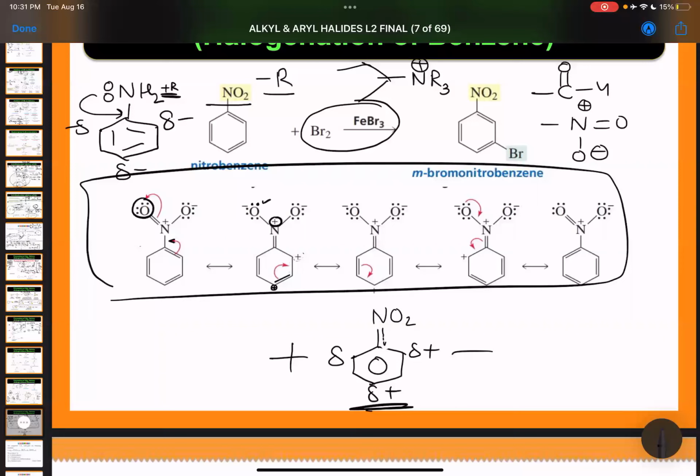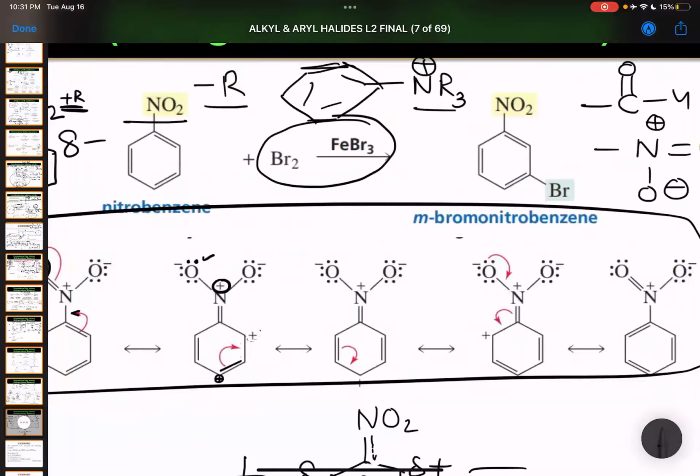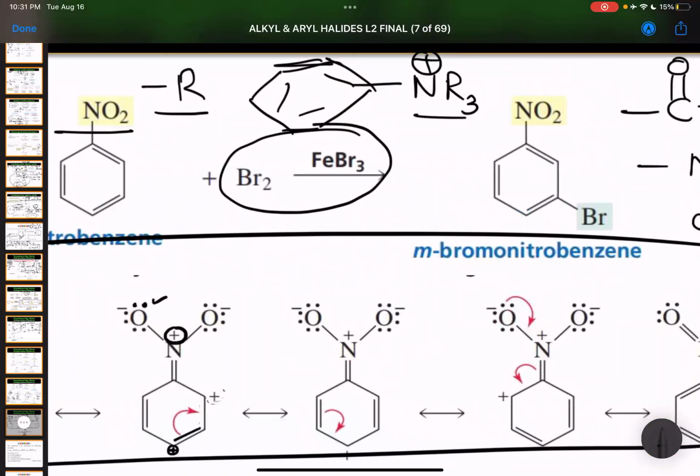This quaternary ammonium salt doesn't have any double bond, but still it is very strongly electron withdrawing because there is a positive charge on it. So groups which have a positive charge, or which have an electronegative atom bonded by a double bond, are all electron pulling groups and they are meta directing. And the groups which have a lone pair are ortho para directing.